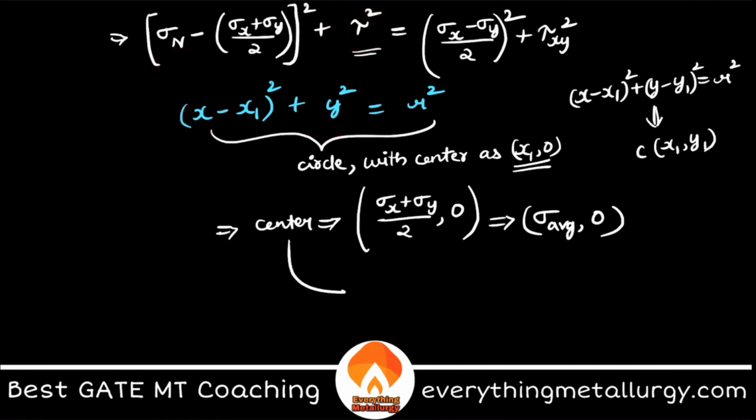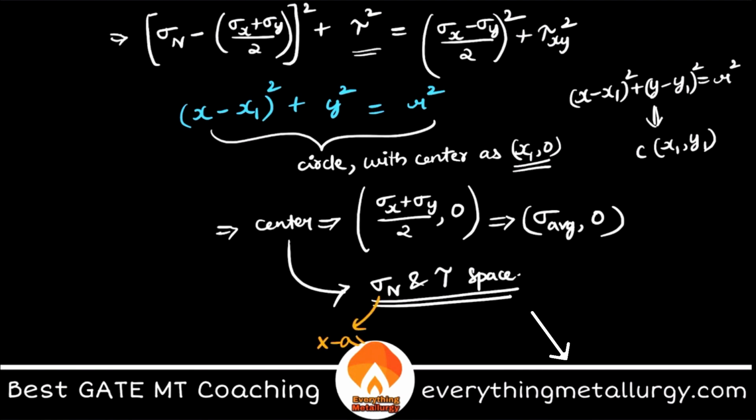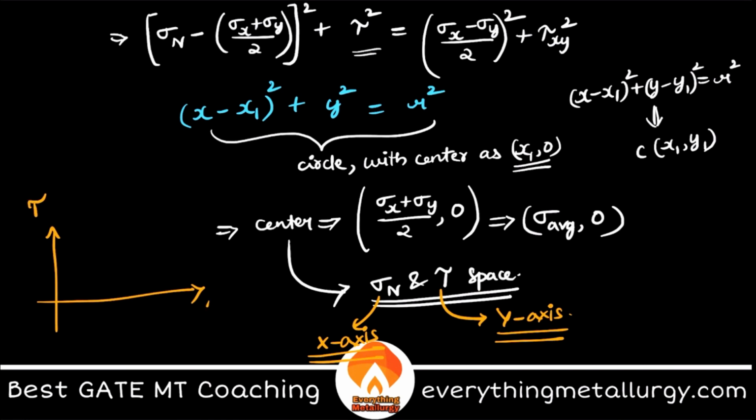That means this circle will actually be in the space of sigma n and tau. So sigma n, which is my normal stress, will be on the x-axis, and tau will be on the y-axis. Now this particular circle will lie something like this: tau on the y-axis, sigma n on the x-axis, and you have a circle like this, which is my Mohr circle.